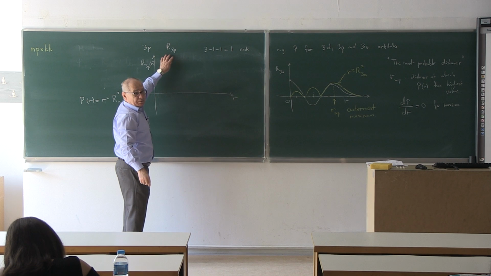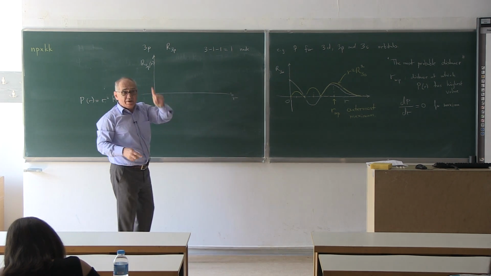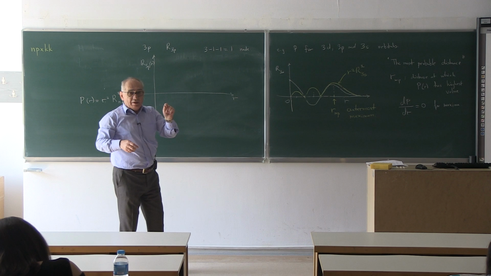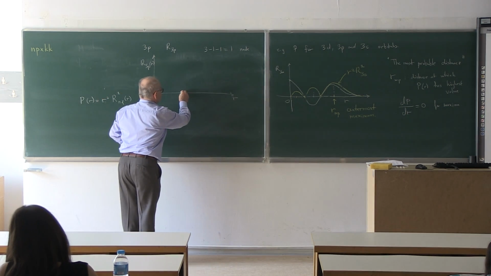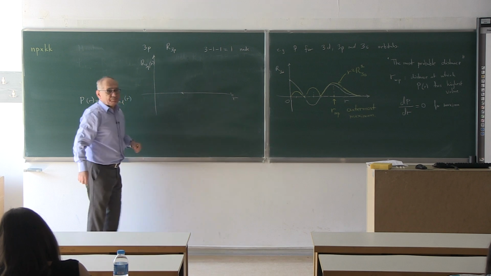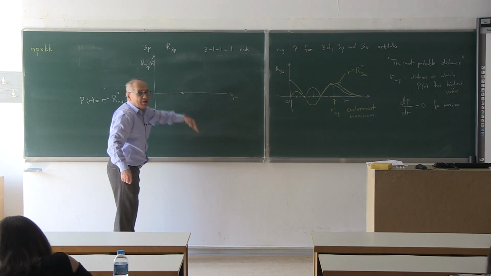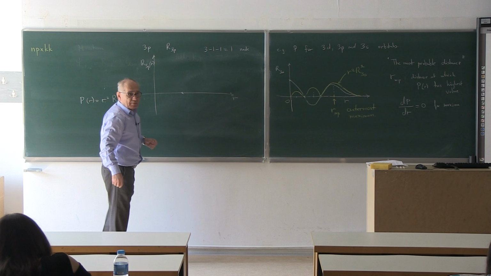So this function, as a function of R, has one node. Where is it? Between 0 and infinity. So let us say that's a node, which means the function will cross the R axis.